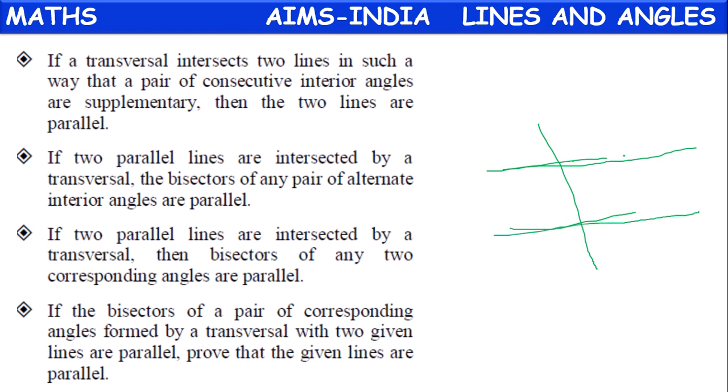Corresponding angles means they should lie on the same side of the transversal and on the same side of the line, above each line. So they are called corresponding angles. Then the bisector of this and the bisector of this, these two also will be parallel.